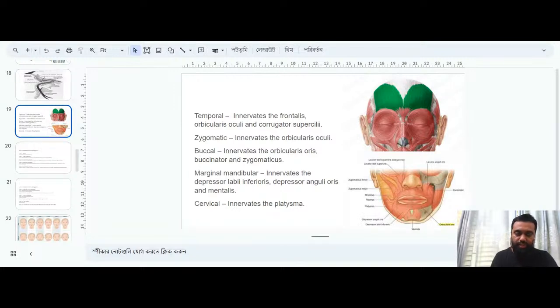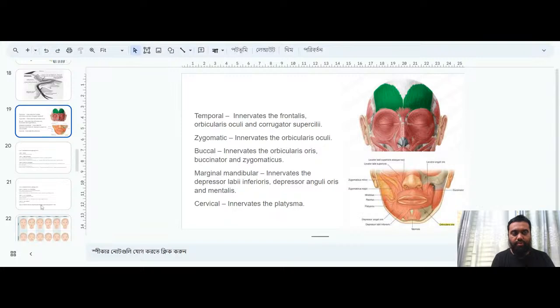So there are some branches of the facial nerve that supply these parts of the face. During examination of the facial nerve, we have to examine these parts of the face. When there is an injury of the facial nerve, we have to classify this injury according to the grade, how much it is affected.